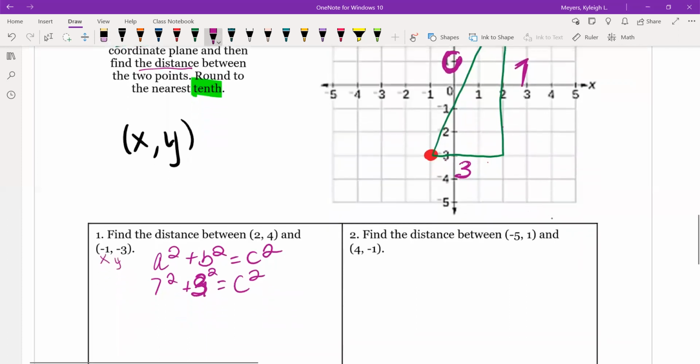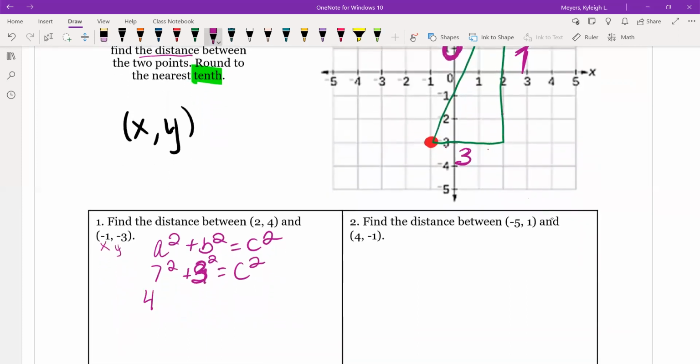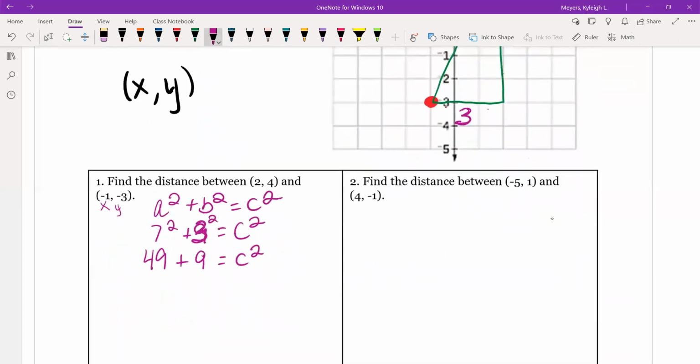So we have 7 and 3. So 7 times 7 is 49. 3 times 3 is 9. 49 plus 9 is going to give us 58. Square root. C equals about 7.6.